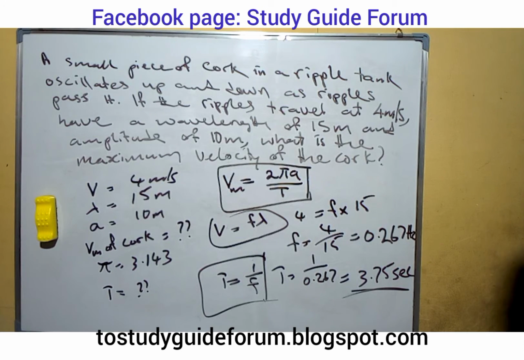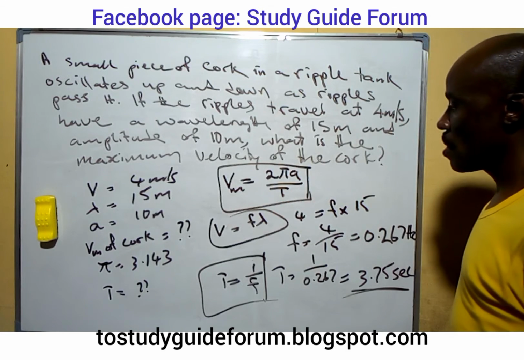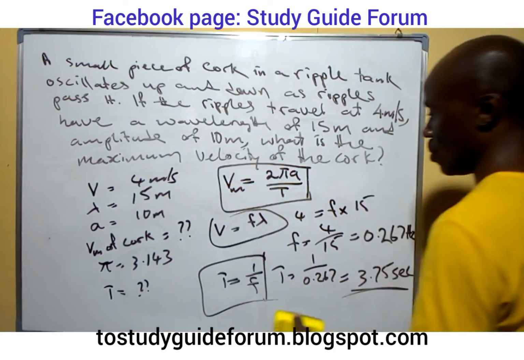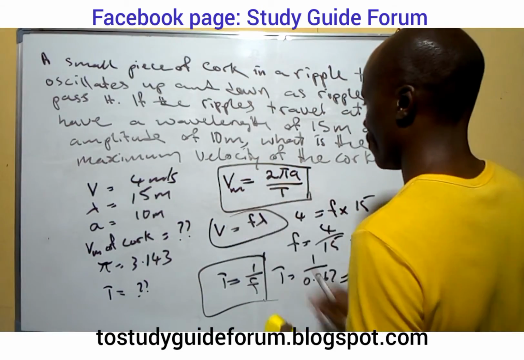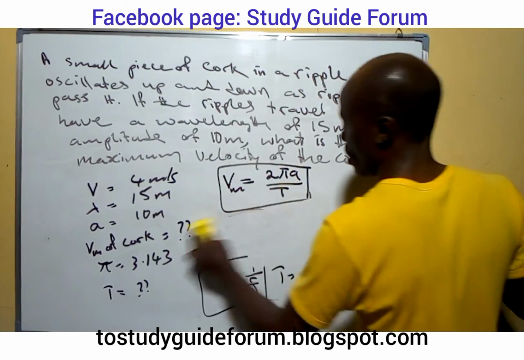All right, we have what we need. We have the period now. Since we have the period, the next thing is the main thing, the maximum velocity, which is what we are going to solve.